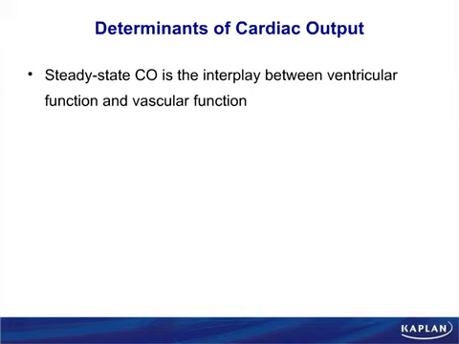But cardiac output in the body, in vivo, is ultimately influenced by both ventricular function and vascular function. Venous return and its regulation represents vascular function. So steady state cardiac output is this interplay between ventricular function and the regulation of venous return, which is vascular function.